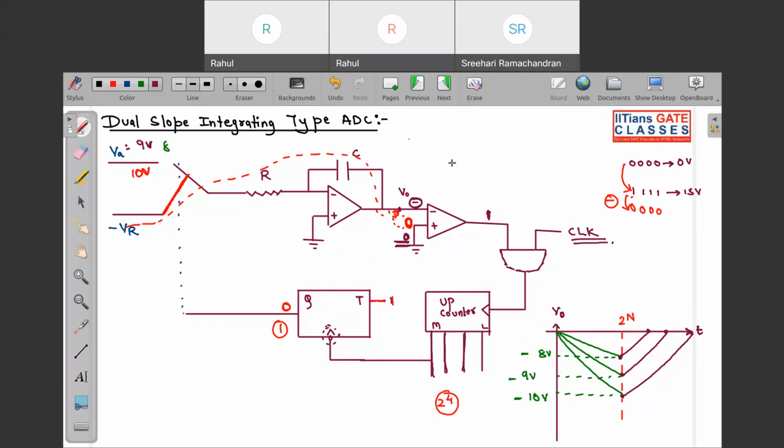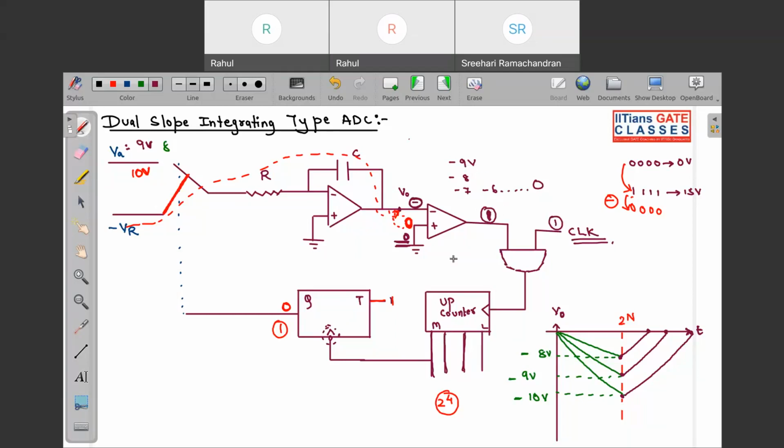Suppose it is minus 9 volt, so it will discharge again to minus 8, minus 7, minus 6, like this to 0. So this terminal is still negative. So clock is 1, means this output is 1, so this counter is still counting.